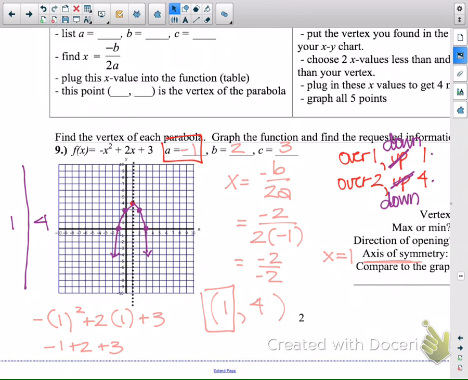So directly below 1 is 0 and negative 1. Directly above 1 is 2 and 3, and you would plug in all 4 of those x values to find your y values, or match them based off the patterns. But to me, if you learn this pattern, it's less work. It's just up to you how you want to handle that.